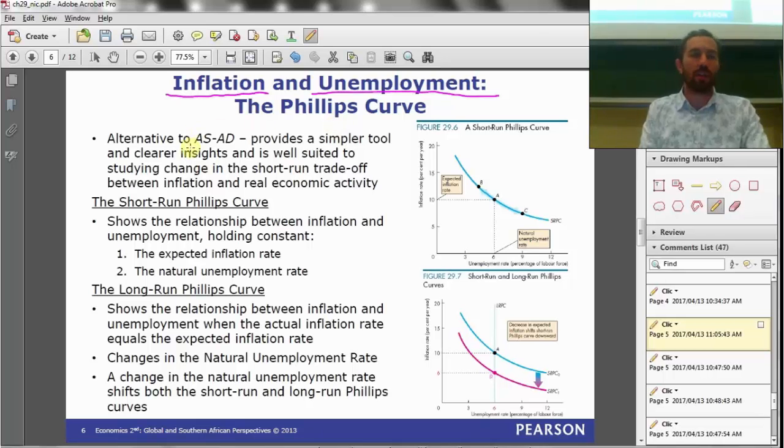It's just an alternative to the ASAD model. So it's similar to the aggregate demand, aggregate supply model. But what it focuses on is the trade-off, and it's a short-run trade-off, between inflation and real economic activity, in other words, output or employment.